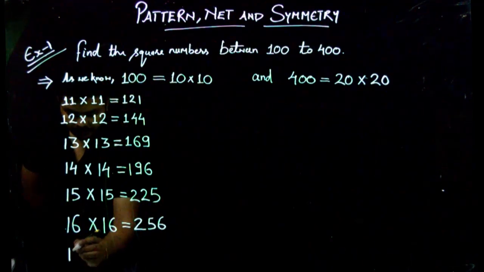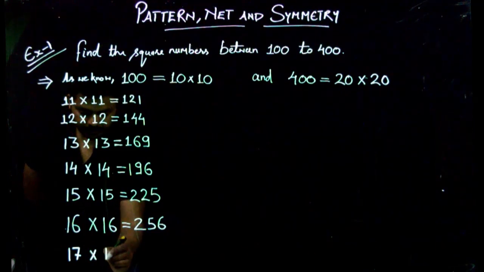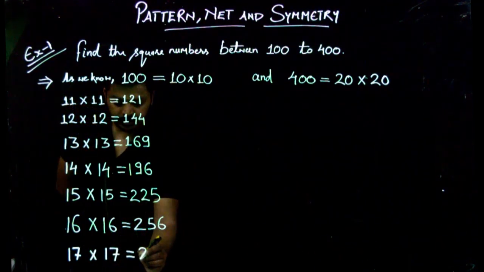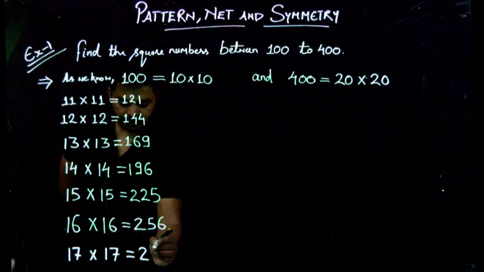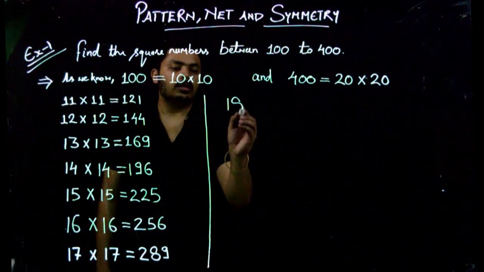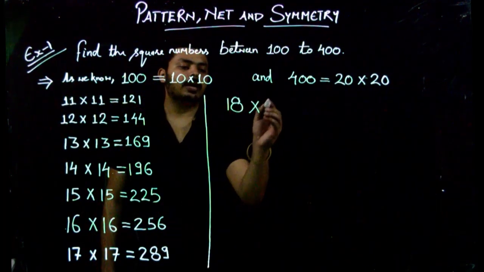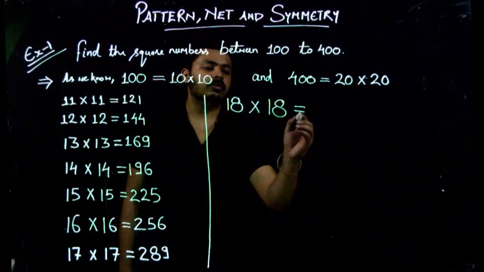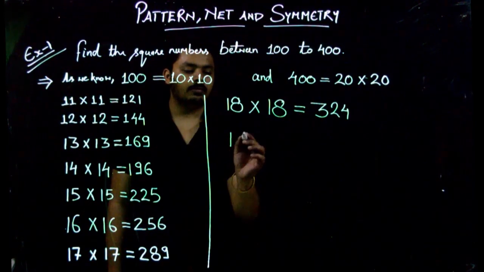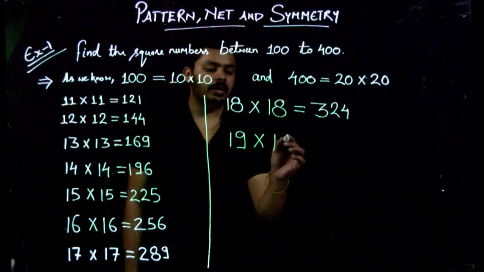Then 17 after 16, 17 multiplied by 17 is 289. Right, here 18 multiplied by 18 is equal to, now 19 multiplied by 19.